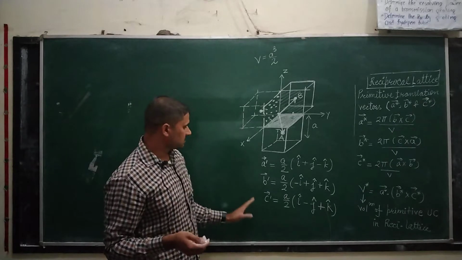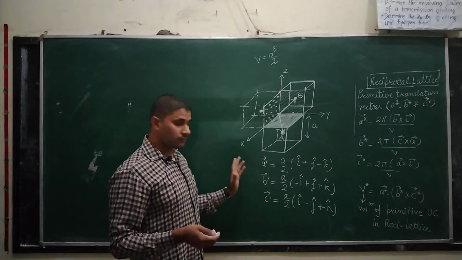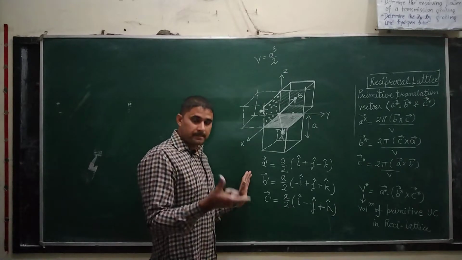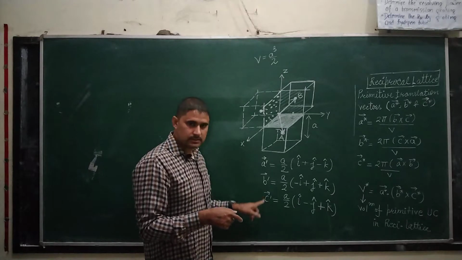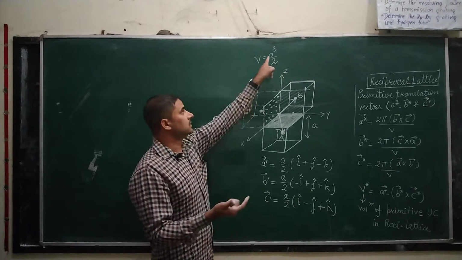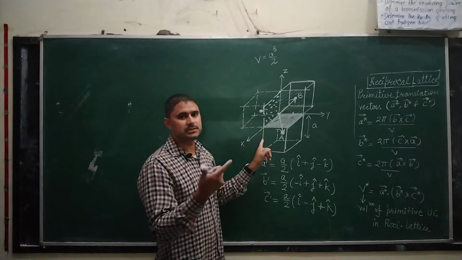So in this case, if you find the volume of the unit cell formed by A dash, B dash, C dash, it comes out to be a cube by 2. That is the minimum in case of BCC.